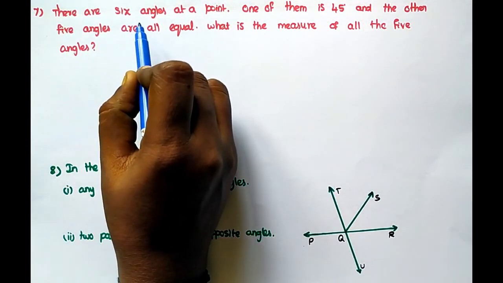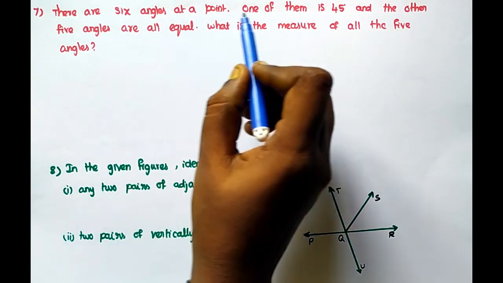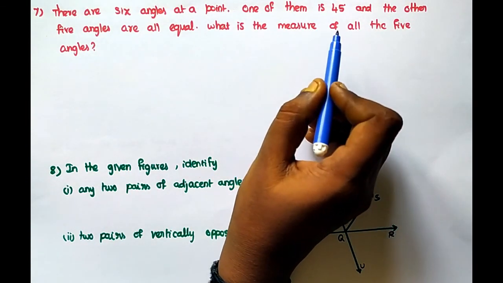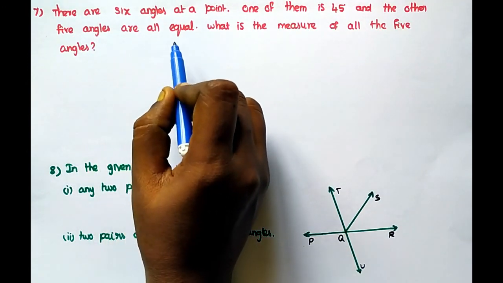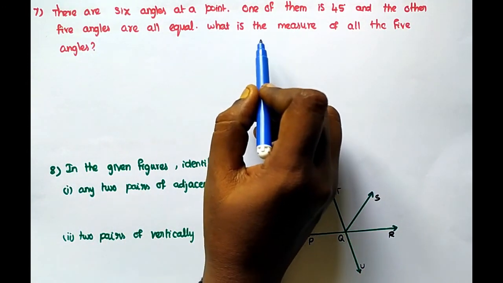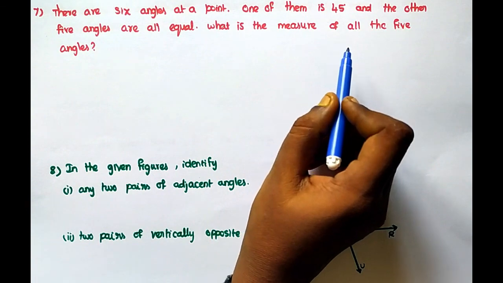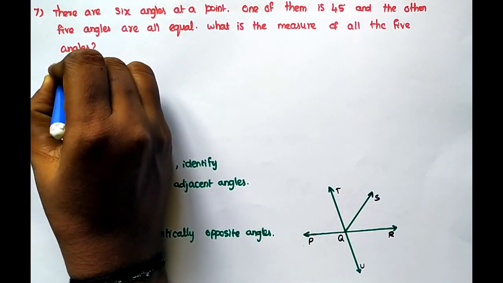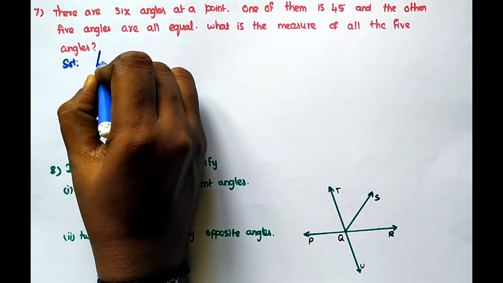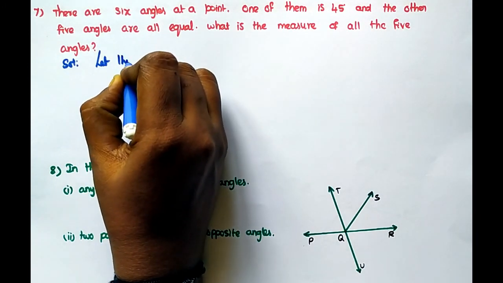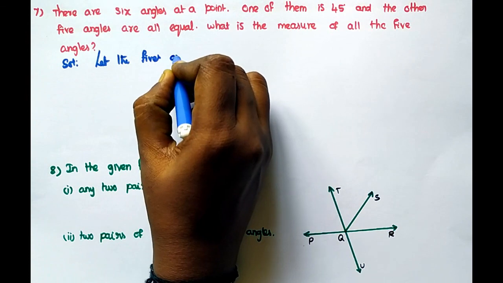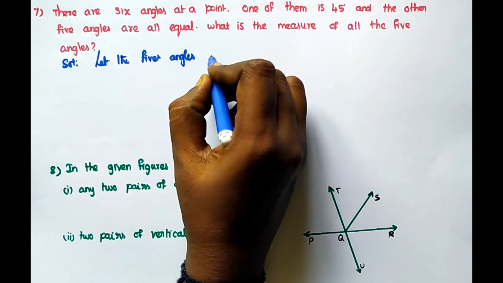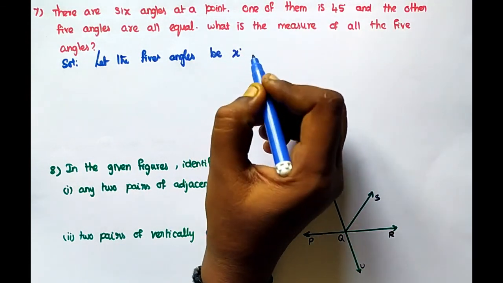There are 6 angles at a point. One of them is 45 and the other 5 angles are all equal. So what is the measure of all the 5 angles? Let the 5 angles be x degree.